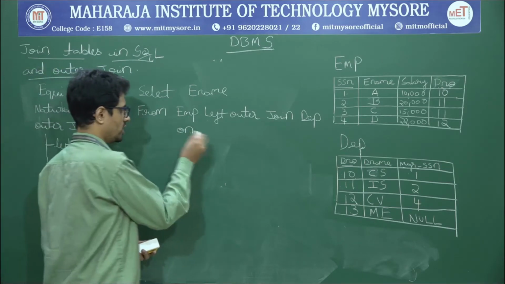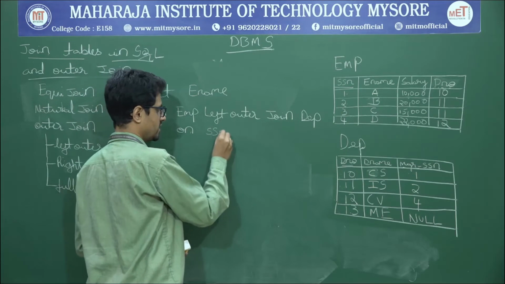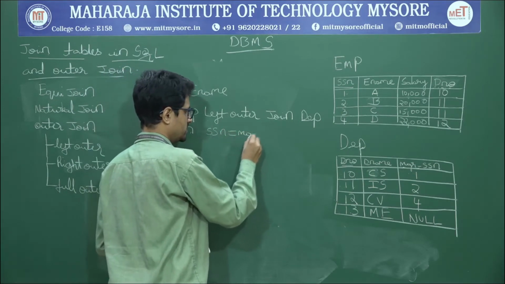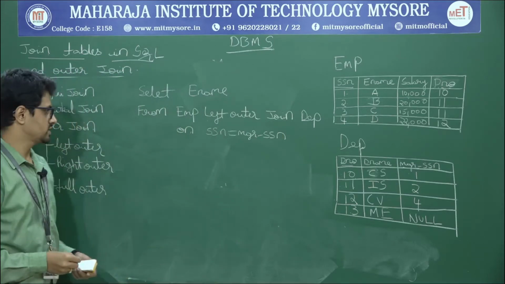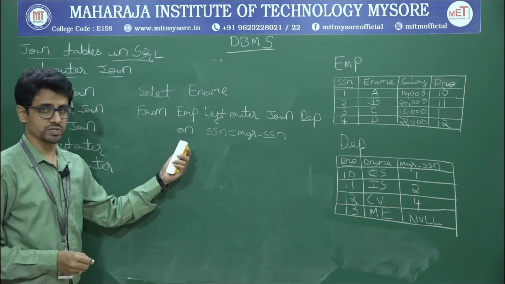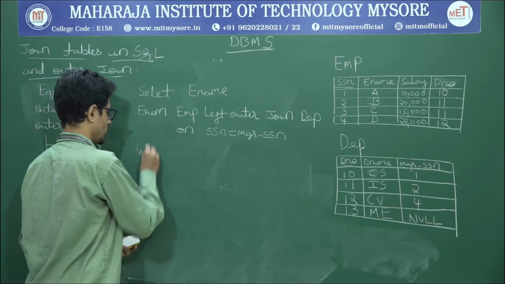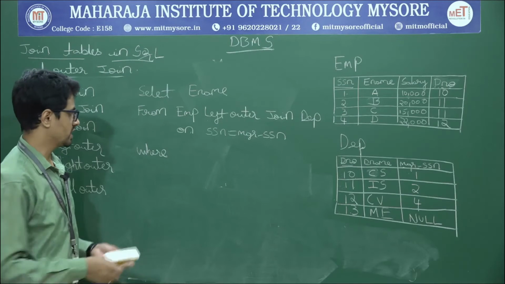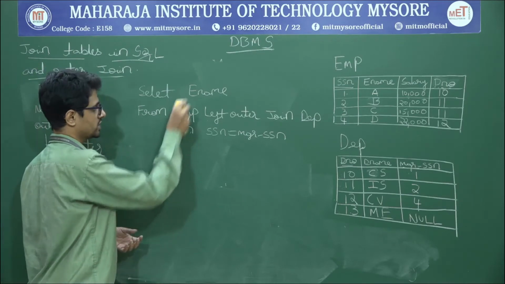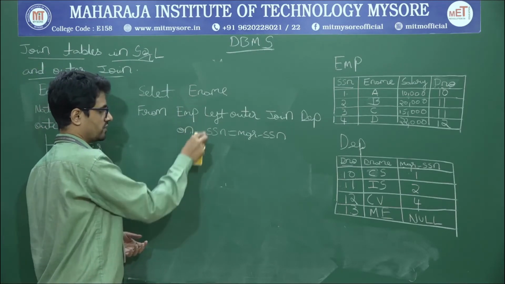Now on SSN equals MGR SSN. I am specifying the joining condition here. Do you have any other condition for the where clause to be specified? We don't have any condition. Done. So I want the name of employees after joining this.